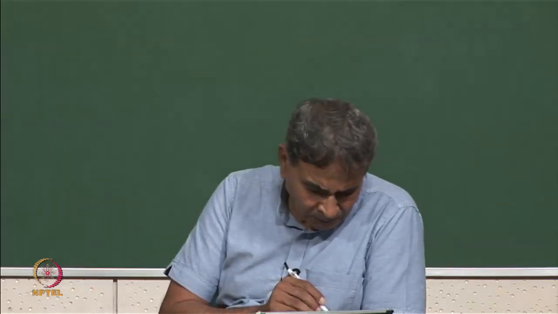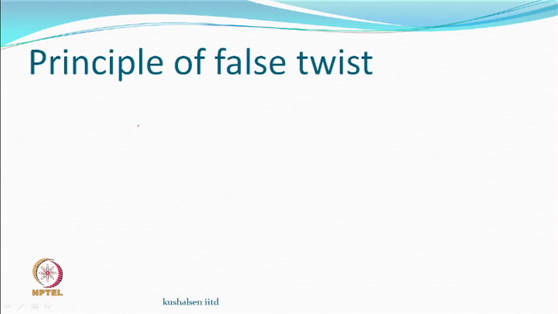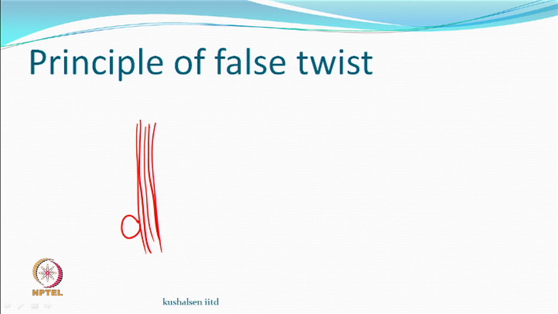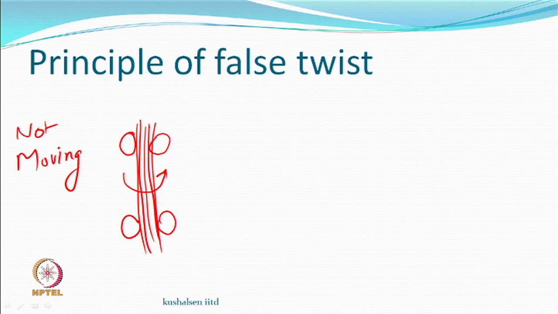Let us say you have a parallel bundle of filaments and they are nipped, for example, one at this point and the other at this point. If they are nipped properly and it is stationary, okay, it is not moving, and you twist from the middle, what do we expect?